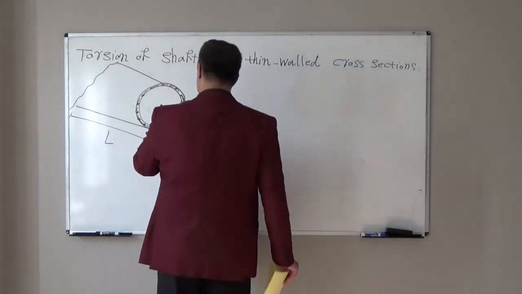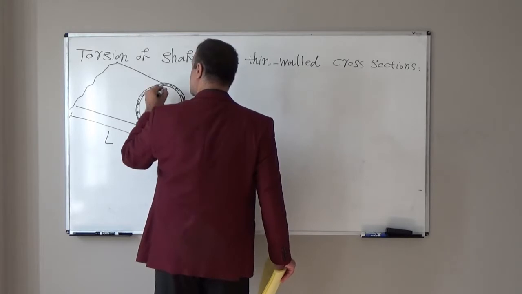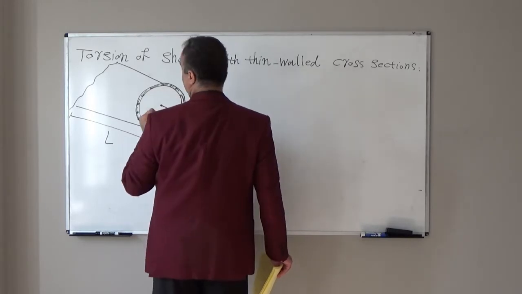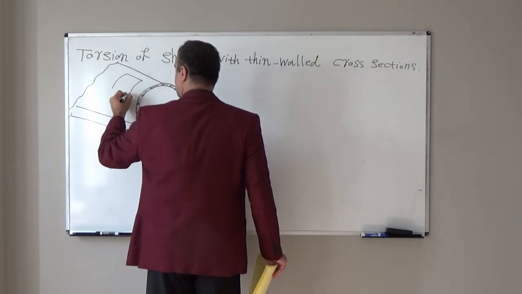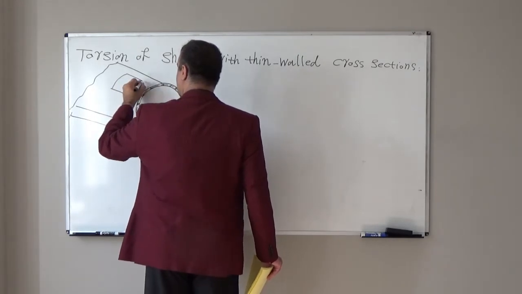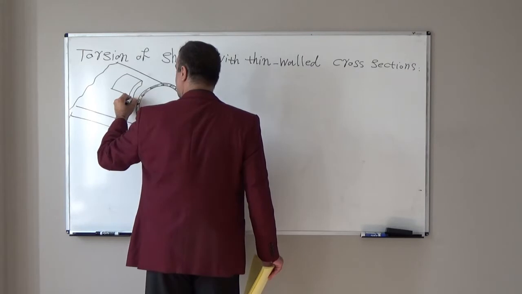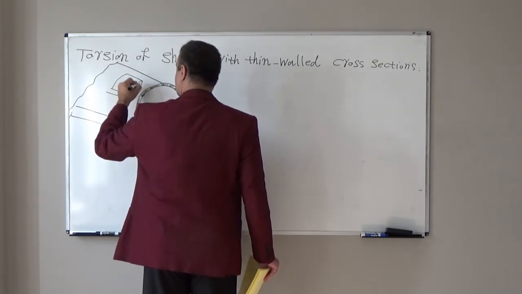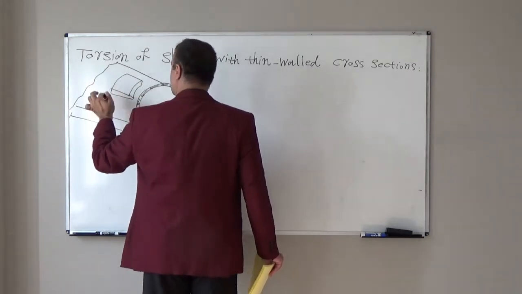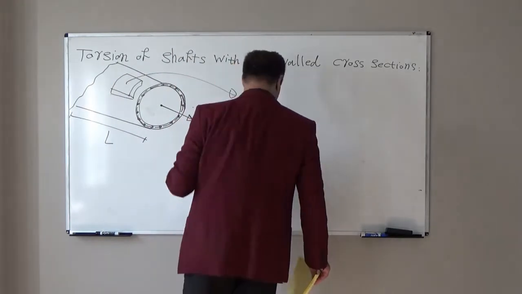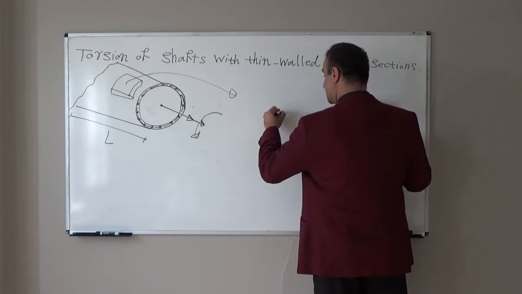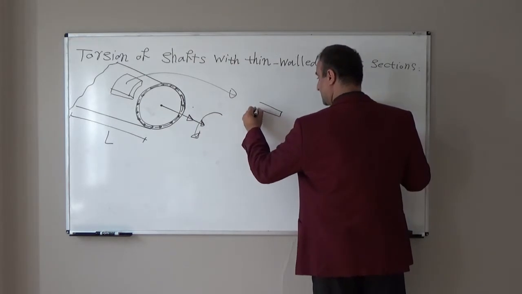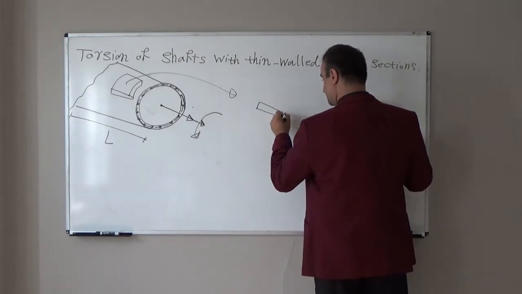If we cut it in the axial direction, if we cut one small element, for example, I cut it like this, one small element, and I take it out and look at the behavior of this small element.